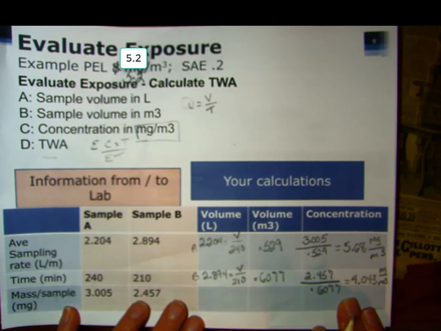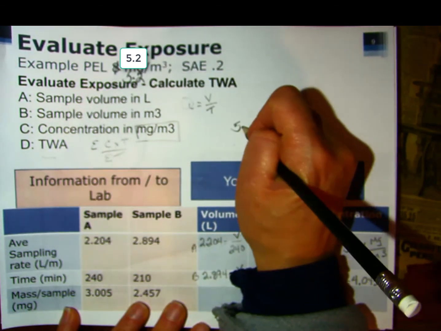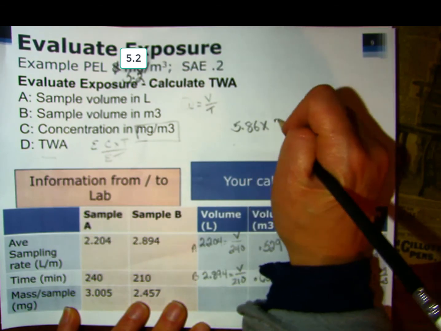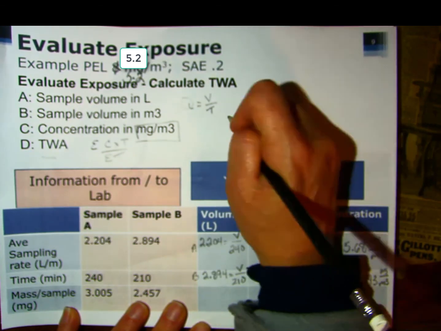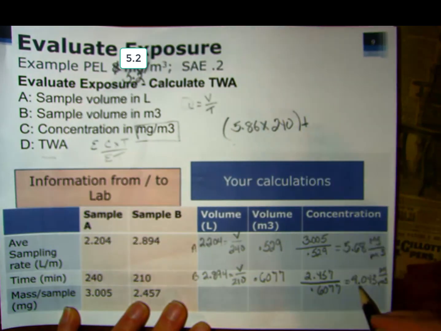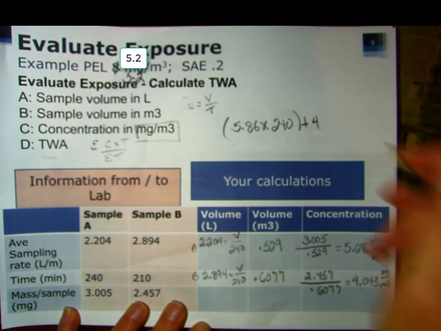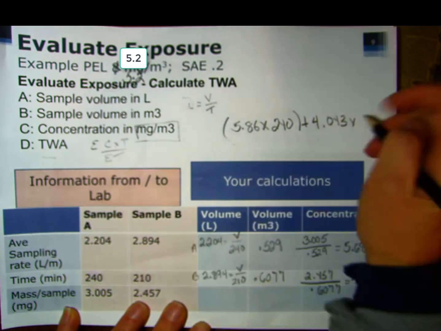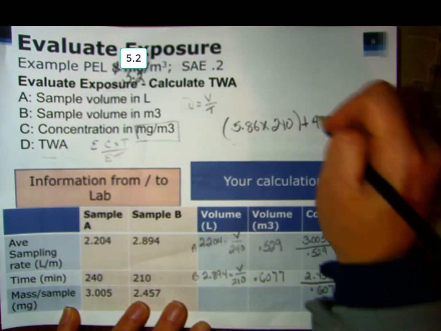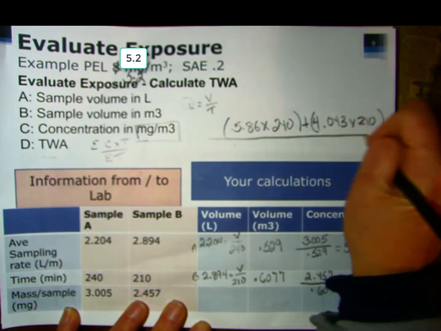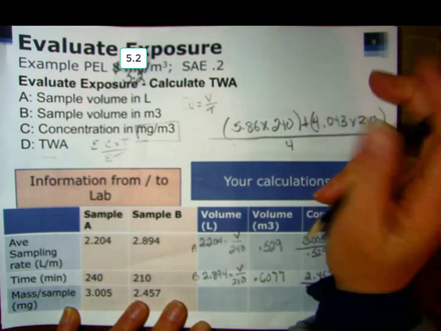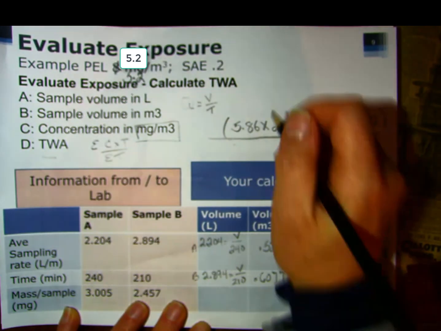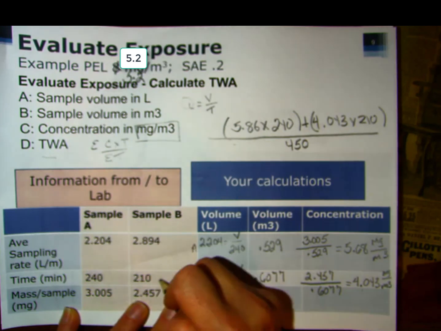So I have my concentration times time plus my concentration times time, which is my sum of time. I added these together.